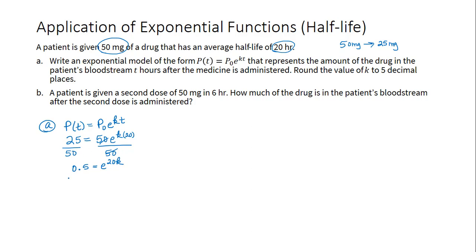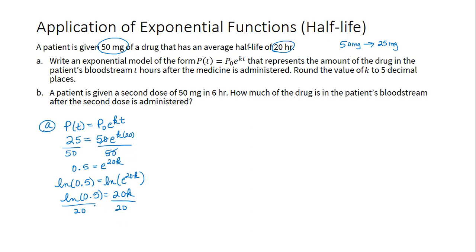To solve for k, we're going to take the natural log of each side. So the natural log of 0.5 is equal to the natural log of e^(20k). We get ln(0.5) = 20k. Then we can divide by 20.